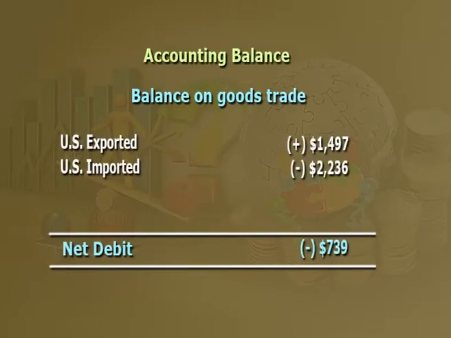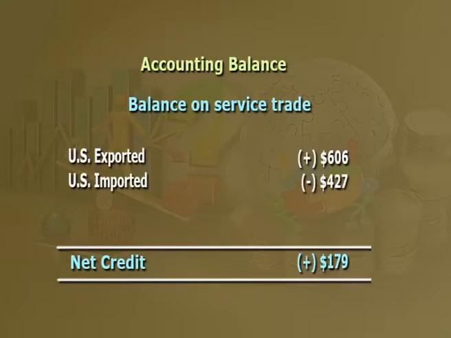In Table 1, the first accounting memorandum is the balance on goods trade, which shows that in 2011, the US exported $1,497 billion and imported $2,236 billion of goods, a net debit balance on goods trade of minus $739 billion. On the other hand, looking at services, the US had a net credit balance on services of $179 billion.